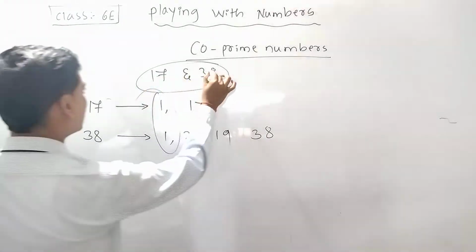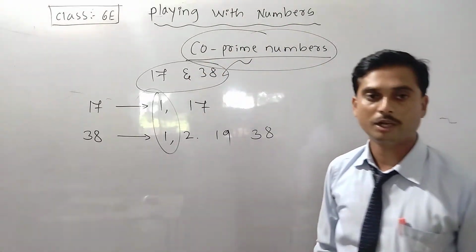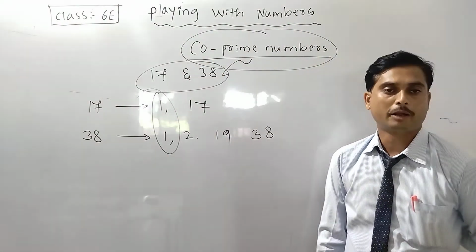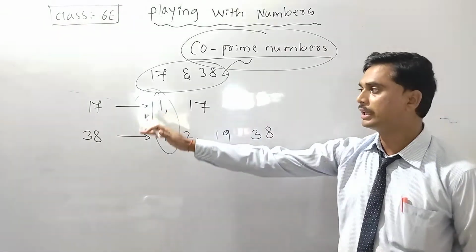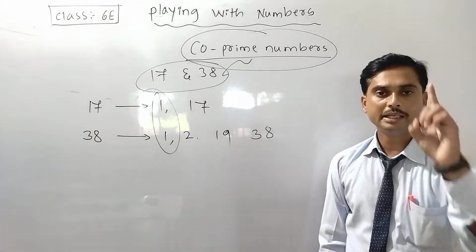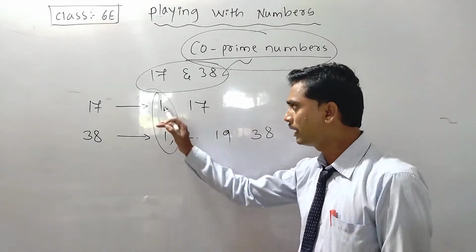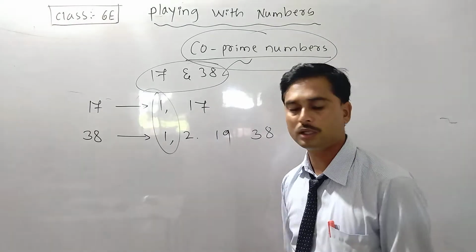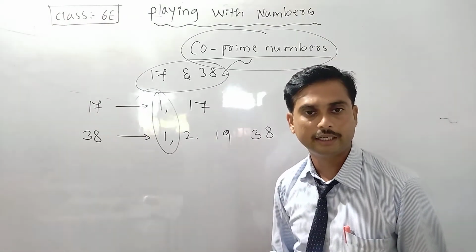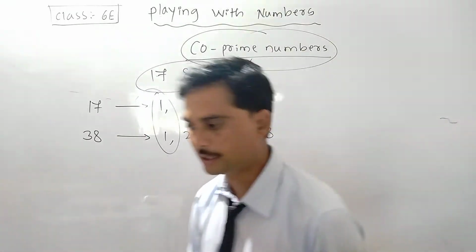Then 17 and 38 are co-prime numbers. We are calling them co-prime because 17 and 38 have only 1 as the common factor. Remember that.